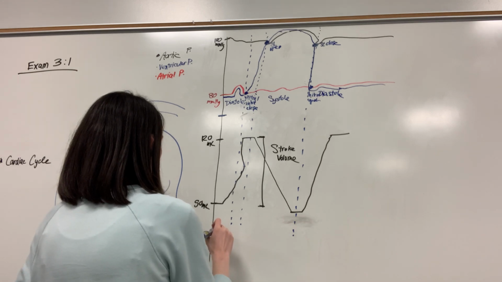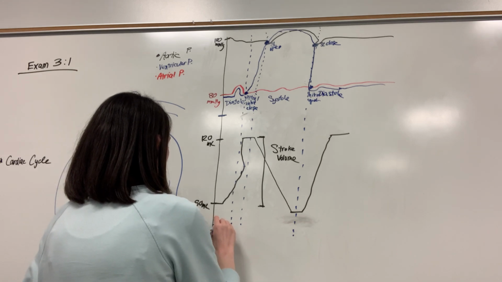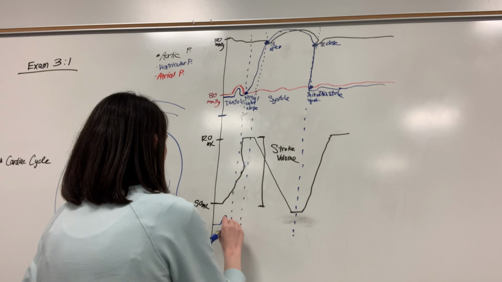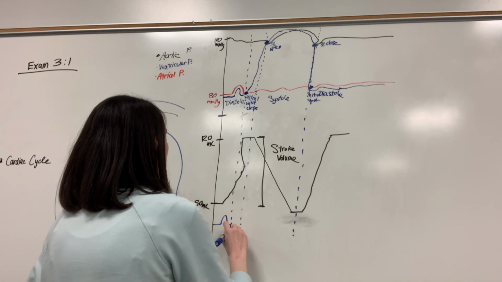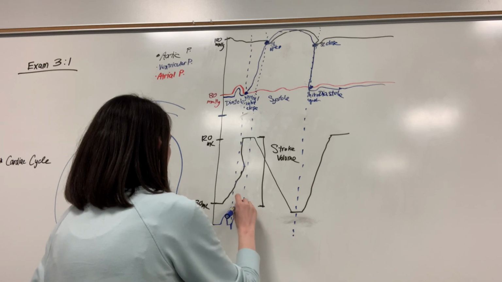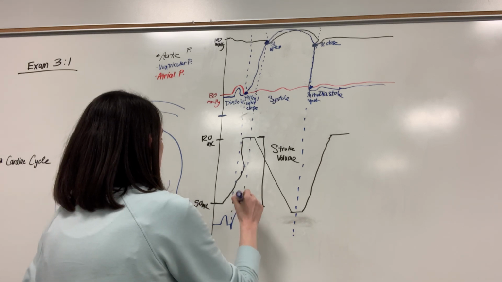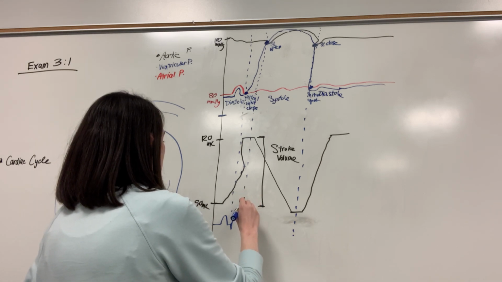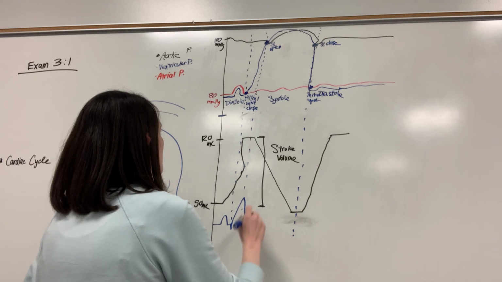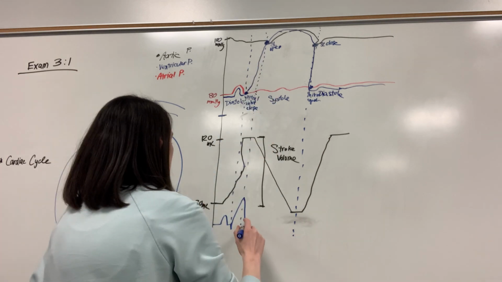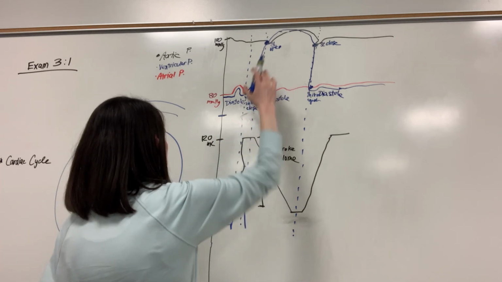So what's happening now is we have our P wave, and then we're going to have our QRS. So our R wave is going to hit here where the semilunar valve opens, and then our S wave, which is going to happen right before the maximum ventricular pressure happens.